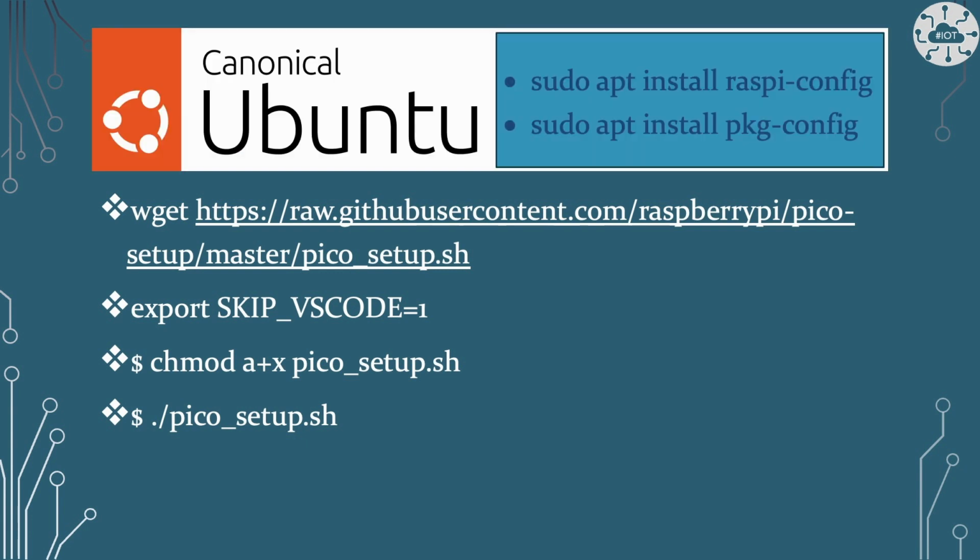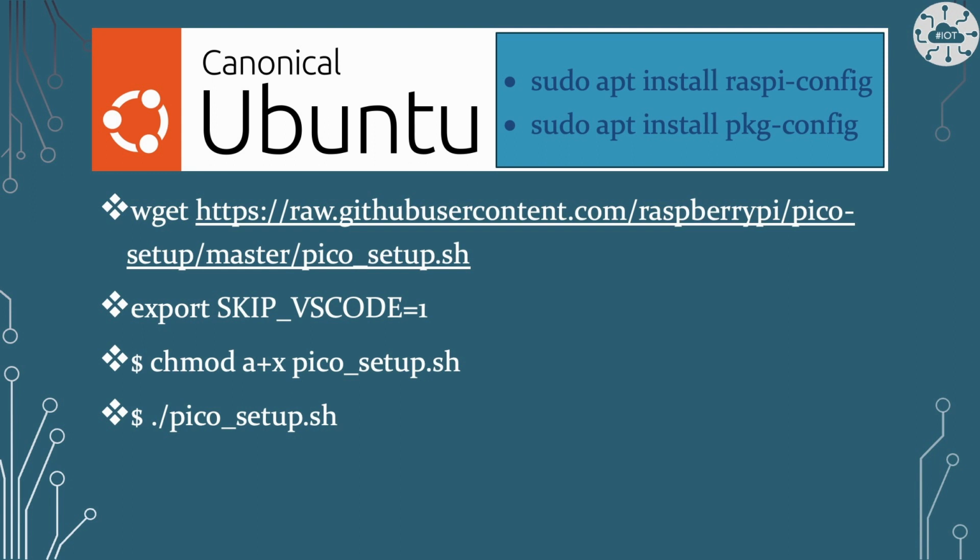As commonly, doing this on Ubuntu is a little bit more tricky. So you need 2 additional packages to make this quick start setup guide run properly, and you need to have installed raspi-config, because at the end of this setup it's going to try and turn on some UART configuration to allow you to do UART communication to your Pico.